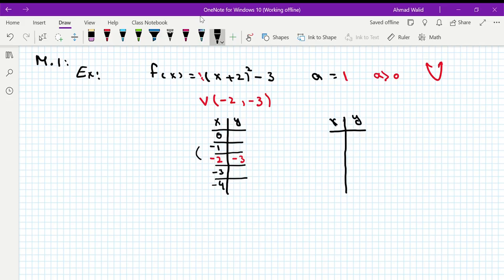Look, x, y. You can choose also your values like this. Vertex here, -2 and -3. I can choose here 0 and 1. Look at the number line. If this is -2, here is -1, you choose 0.